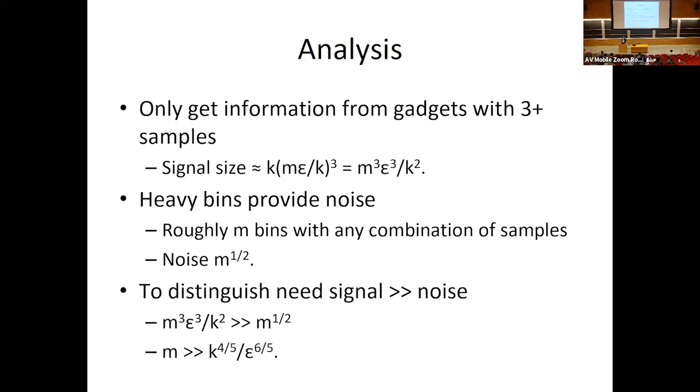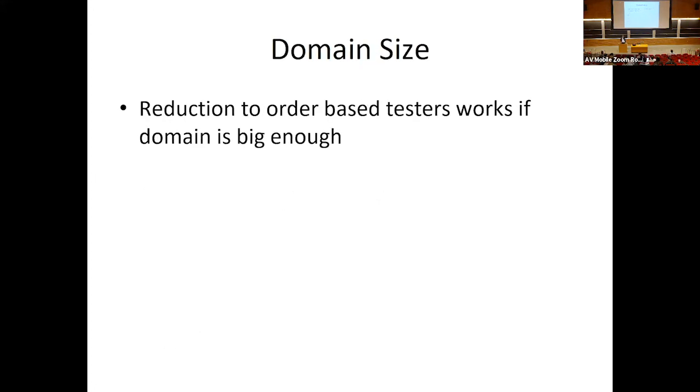Okay, so I'll quickly talk about one interesting thing here, which is the domain size. In order to get this lower bound, we needed to do this Ramsey theory-based reduction to order-based testers. That requires a really big domain size. And so the question is, how big a domain size do you actually need?